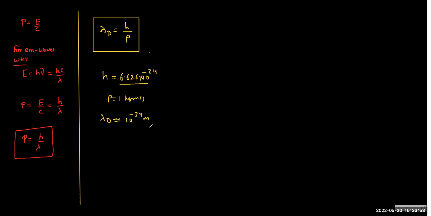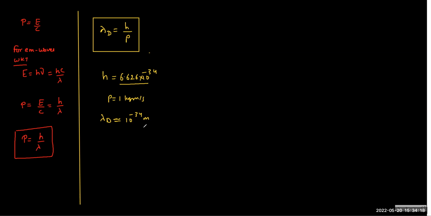Is it possible to detect such a small wave? No, sir. The answer is no. So the wavelength associated with matter in our day-to-day life is so small that it cannot be detected or the property cannot be felt.